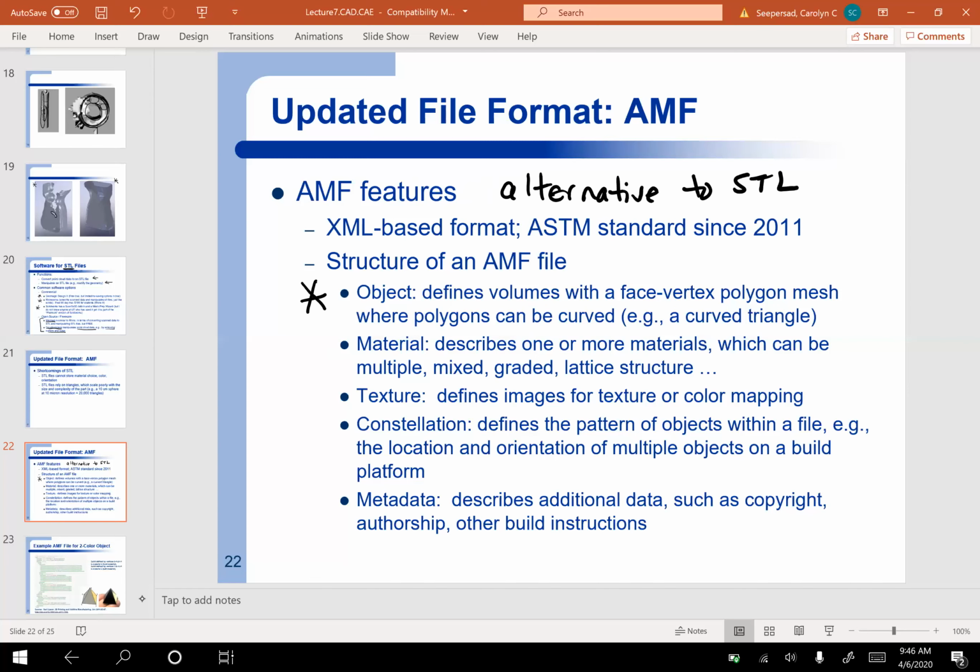So if you have, for example, a spherical surface that you want to represent, instead of having to represent it with planar triangles, which are always flat, and you have to use a lot of those little planar triangles, you can instead represent it with curved triangles, right? And those triangles then have vertices, but they can also have outward normals at each vertex, and you can adjust those outward normals to change the curvature of the triangle.